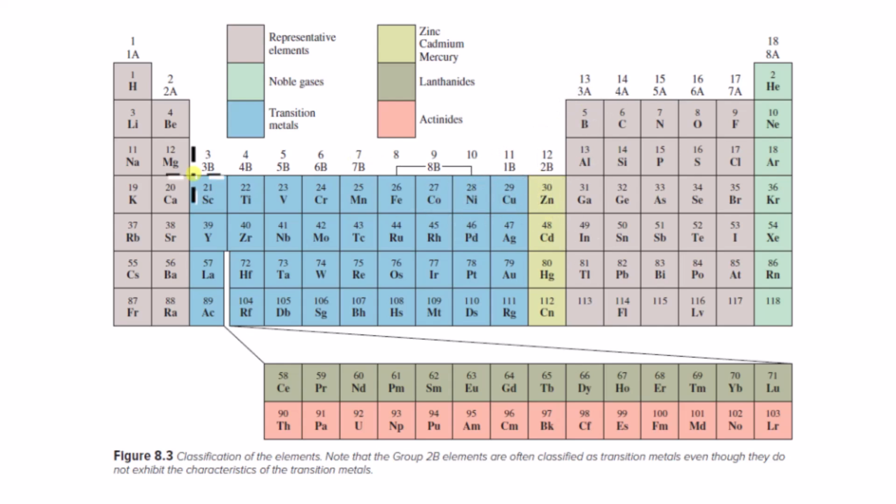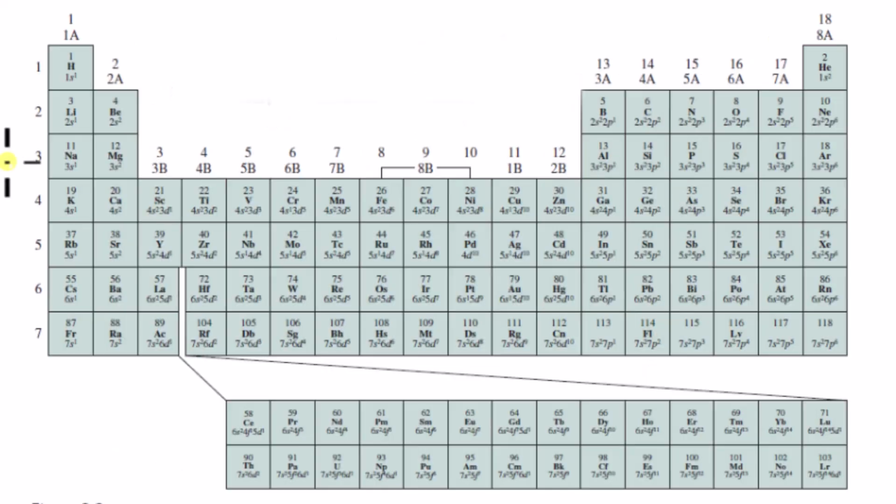Okay, but what the numbers are doing is giving you a correspondence between a column in the transition metal region and a column in the representative element region, to where the elements in those columns have the same number of outer electrons. Again, we saw how the textbook seems to state the outer electrons of an element.